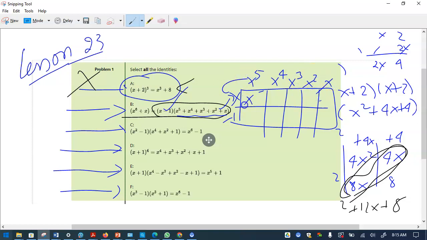So x times x raised to 5 is x raised to 6, then x raised to 5, then this, and you can see they are all positive here. And then minus, so this becomes minus x raised to 5.